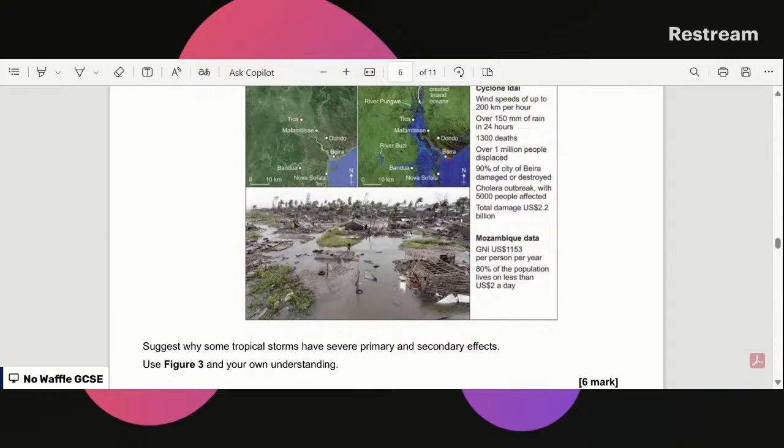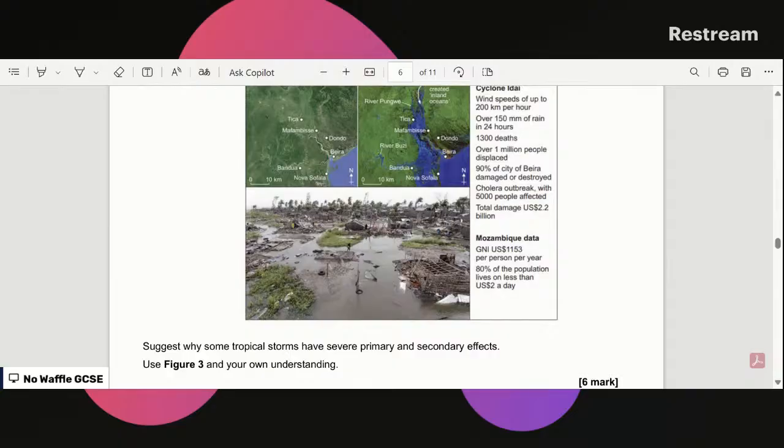Okay, so how you could possibly answer that is looking at the severity of the primary and secondary effects being dependent on either planning, protection, or other things, or you can talk about the development of a country and therefore give your examples that you've learnt about. So, looking at your tropical storms, did you look at Typhoon Haiyan?